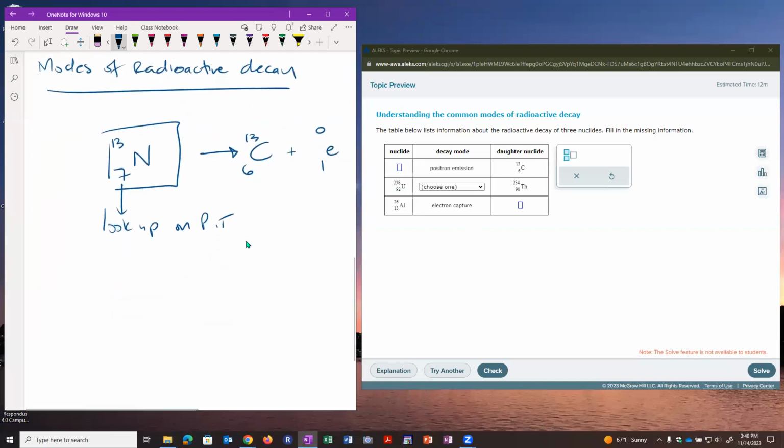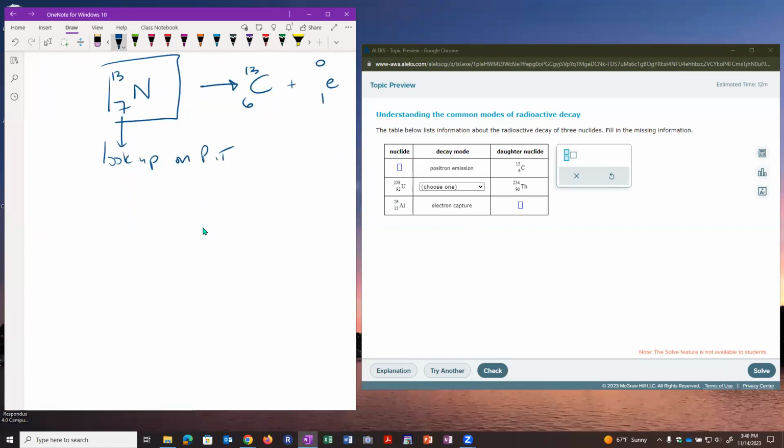And in the second one, we're given the starting nuclide. We have uranium-238 and atomic number 92. It's undergoing some sort of decay that we need to choose, and it says that the daughter nuclide here is thorium-234, and then 90 is the atomic number.